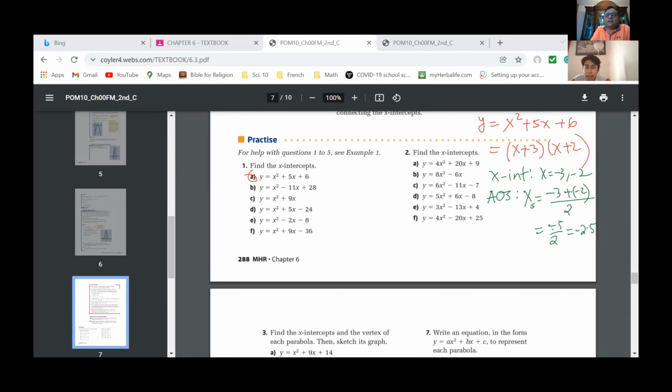Now you need to get the vertex, right? So let me use another ink for getting the vertex. Plug in 2.5. So we have 2.5 plus 3 times 2.5 plus 2, right? Yes, sir. Use calculator.